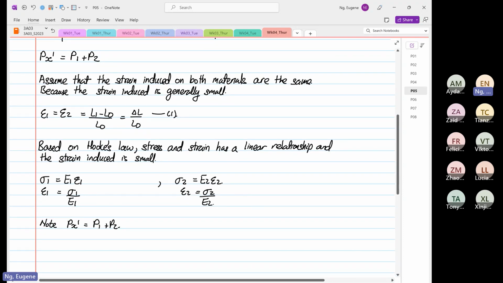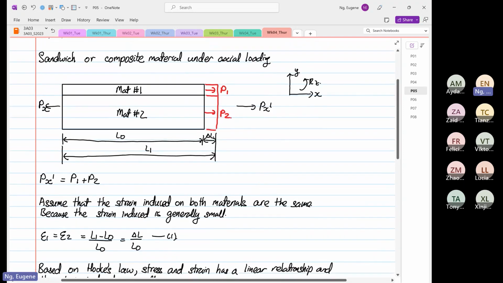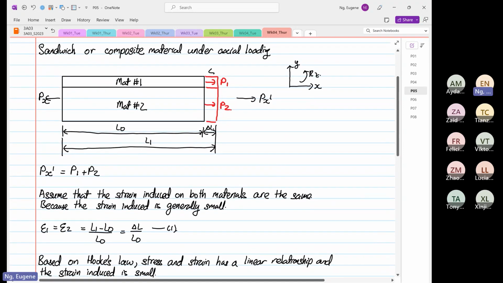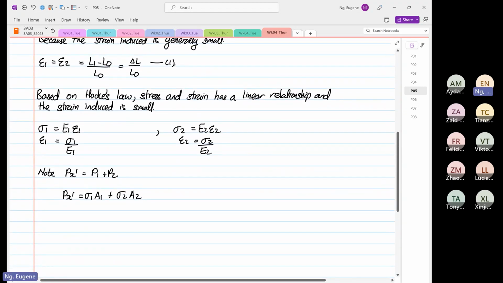All right, so we know that Px prime is equal to stress of material 1 times A1 plus stress of material 2 times A2. So if we come back to here, this is A1, the area of surface 1, and this is A2. Okay, so we know this expression.